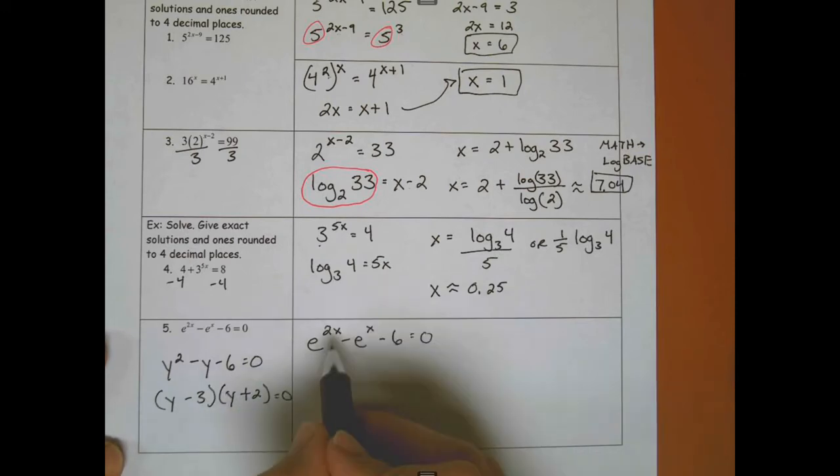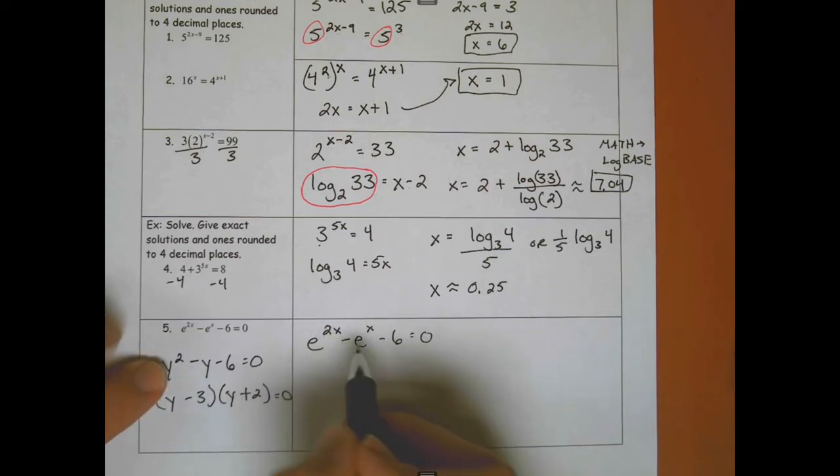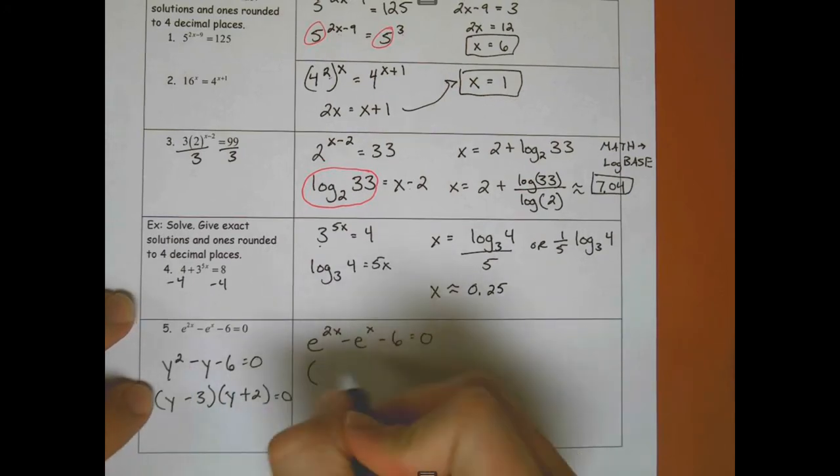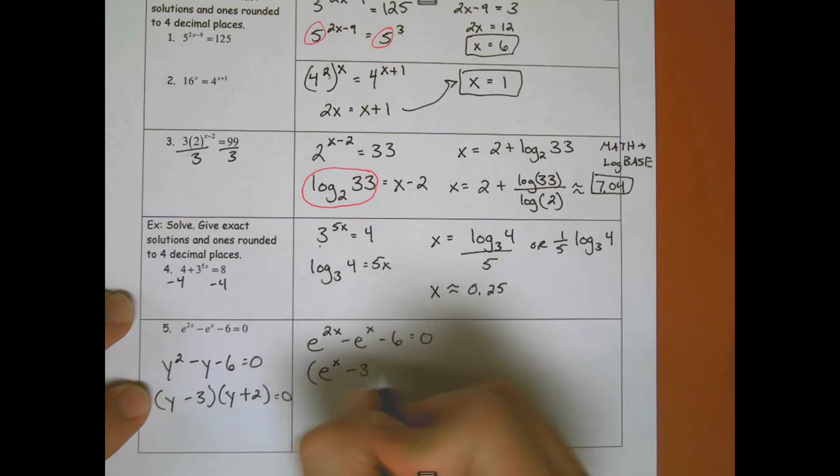Okay, well, this follows the same quadratic pattern. We have e squared, and then e to the first, there's the x there, and minus 6. So we can factor this the same way, except we have e to the x instead of y.